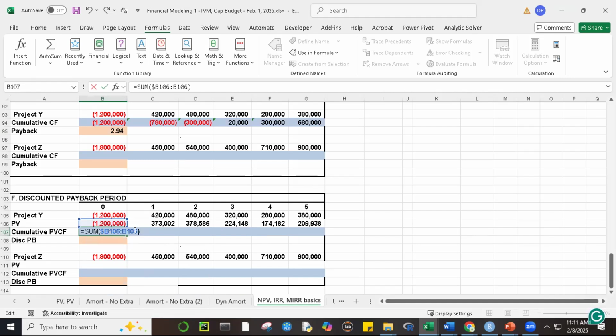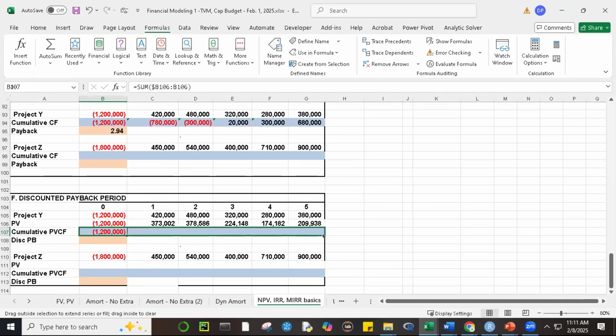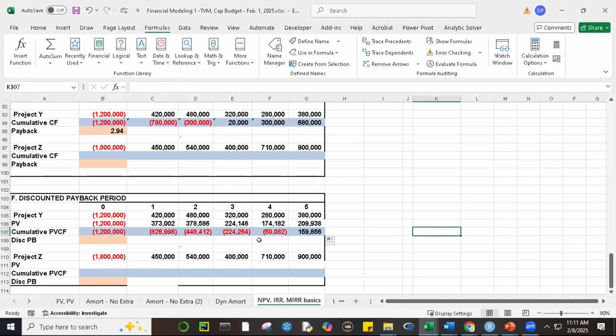Close this, Control Enter, and then we copy to the right. Okay, so the discounted payback period will be between the 4th year and 5th year. We expect it to be longer. That's because we're using already present values, so they're lower. Then this will be equal to 4, plus, how much do we need more?